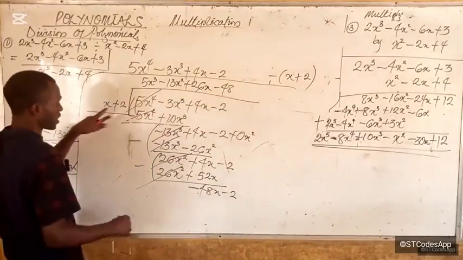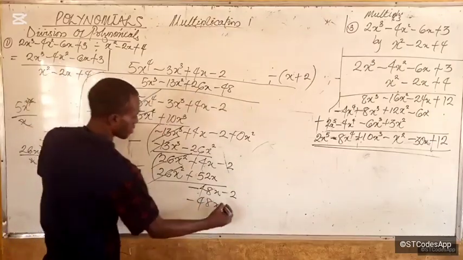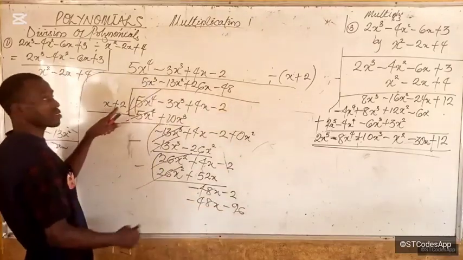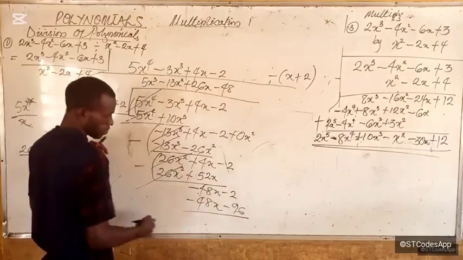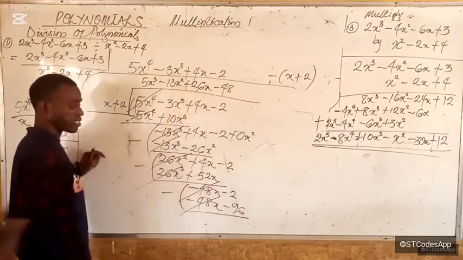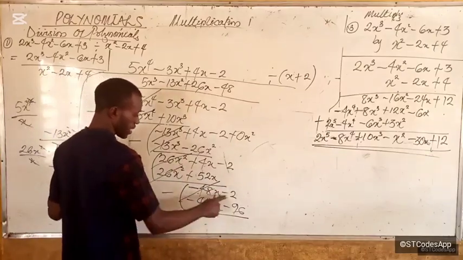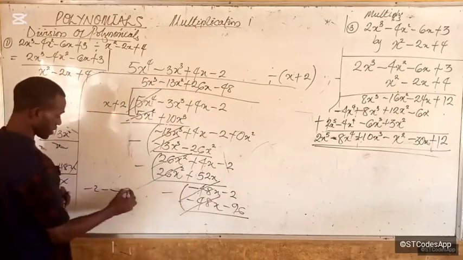So minus 48 times x, we have minus 48x. Minus 48 times this, minus 96. Do you get it? Minus 96, you close the guy there, and you subtract them again, you get a 0. Now when you get a 0, here you now say minus 2 minus 96.